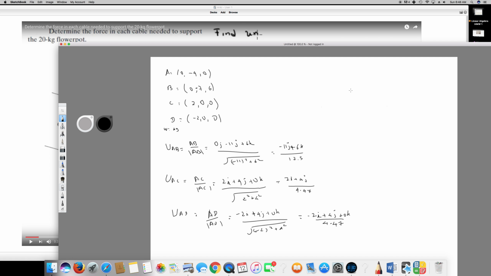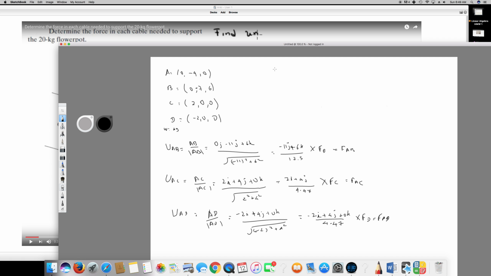Now from this I can calculate FAB, FAC, FAD. It's simply the multiplication of these numbers with the forces FB, FC, and FD.